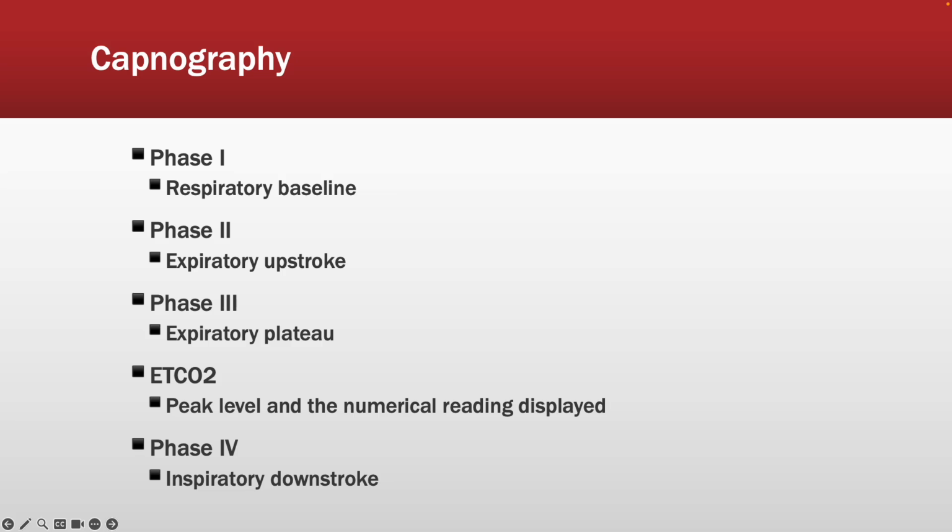Like we said, it's usually 0. Phase 2 is the expiratory upstroke. Phase 3 is the expiratory plateau. EtCO2 is the peak level and the numeric reading displayed. And then phase 4 is your inspiratory downstroke.